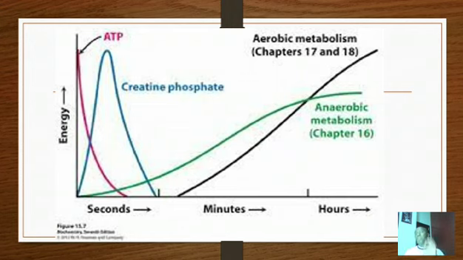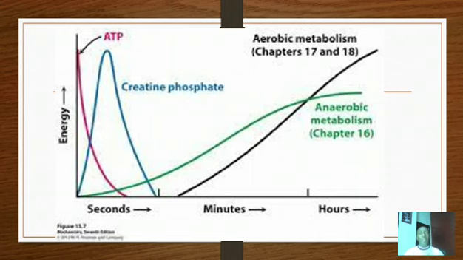Why? Because with anaerobic, a lot of energy remains trapped within the pyruvate or within the pyruvic acid. But with aerobic, pyruvate is fed into the Krebs cycle, whereby more energy is extracted. More NADH2 is formed, more FADH2. Then proceeding to the electron transport system, energy is released as a result of oxidative phosphorylation, which does not occur in anaerobic metabolism or respiration.